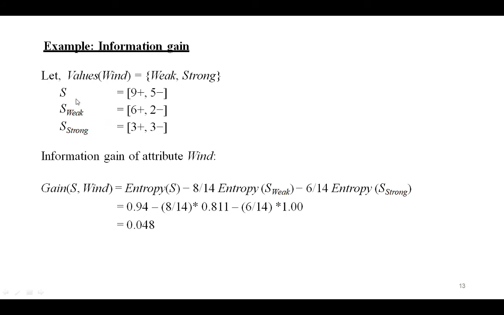Consider S as a collection of training example days described by the attribute wind, which has two possible values, weak or strong. Initially this set S includes 9 positive and 5 negative examples, out of which 6 positive and 2 negative examples have wind equal to weak, and the remaining have wind equal to strong.